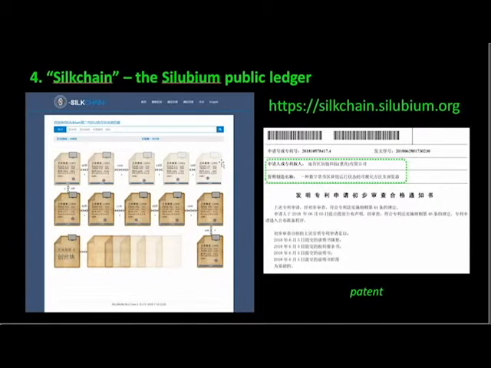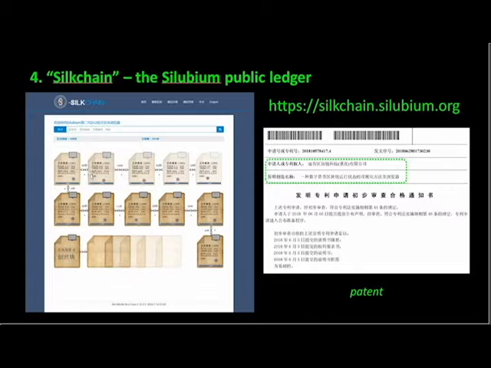This is my version of the public ledger for Silubium, and the screenshot you're looking at happens to be in Chinese because this presentation I originally created for internal training purposes here in China for the Chinese staff, but there is of course an English version available. If you simply click on English in the top right corner, then everything will be displayed in English.